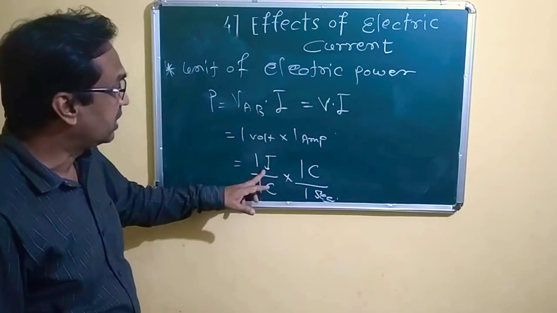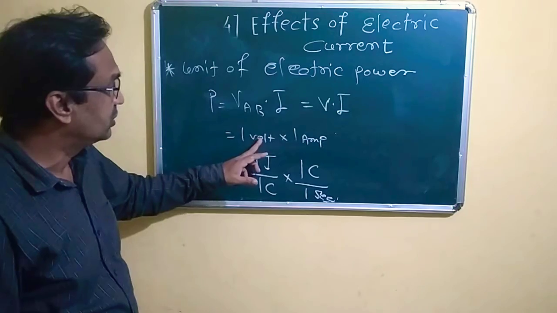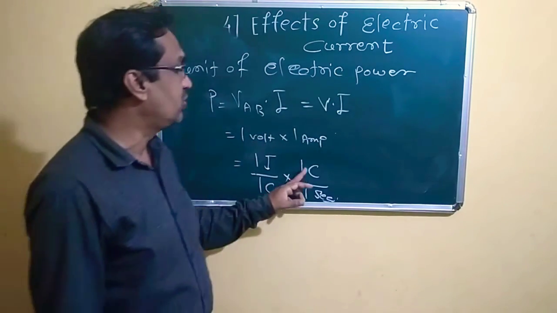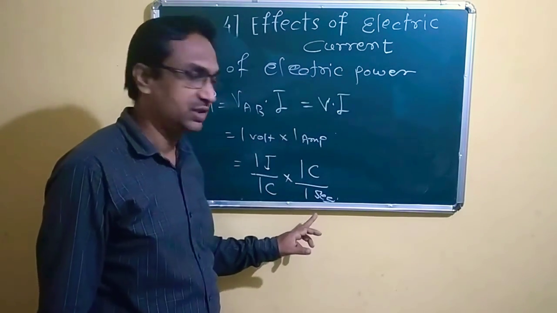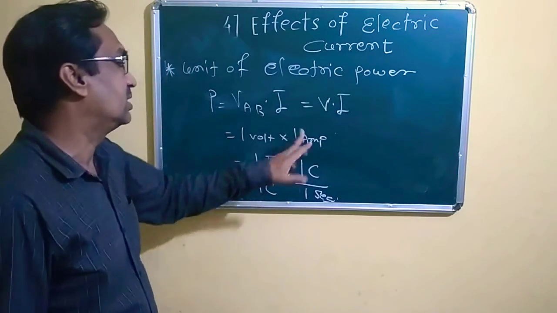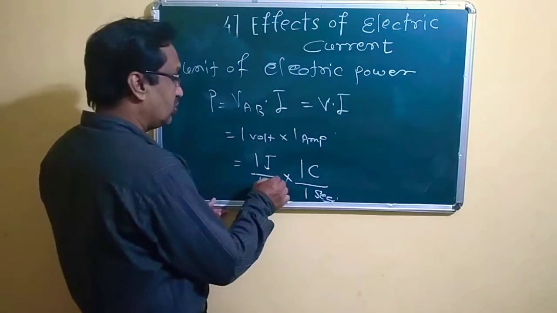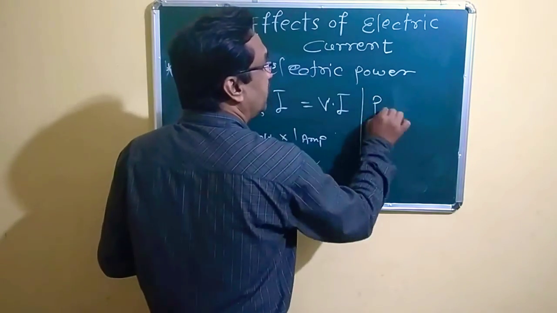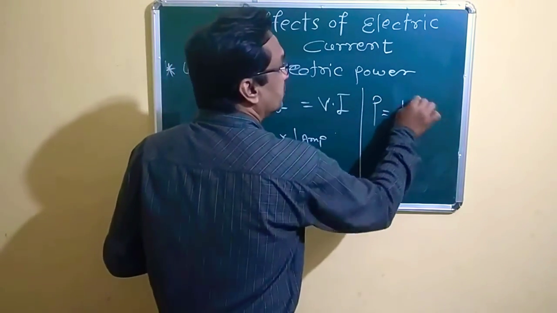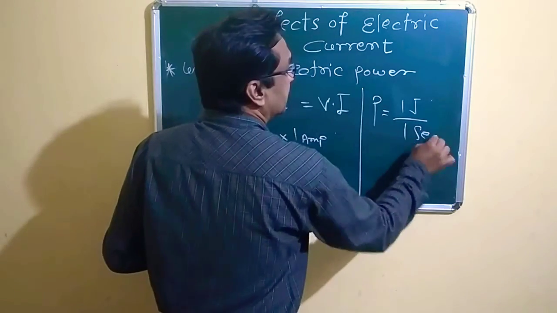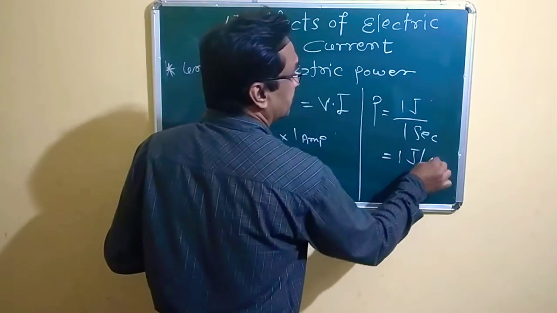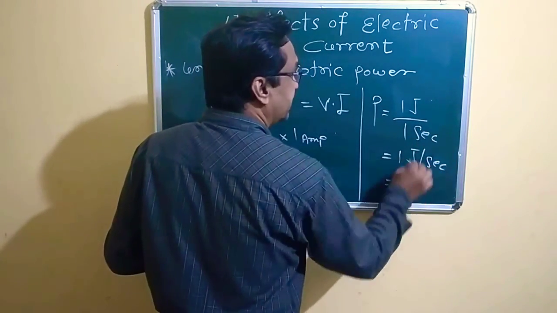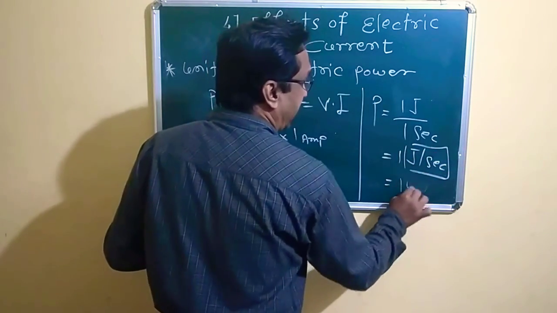So the 1 coulomb gets cancelled. We get P is equal to 1 joule upon 1 second, that is 1 joule per second, and joule per second is watt.